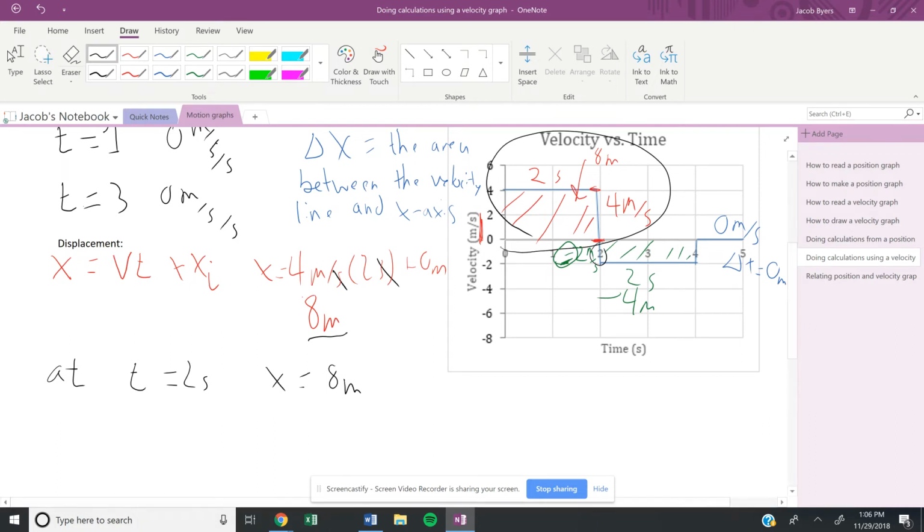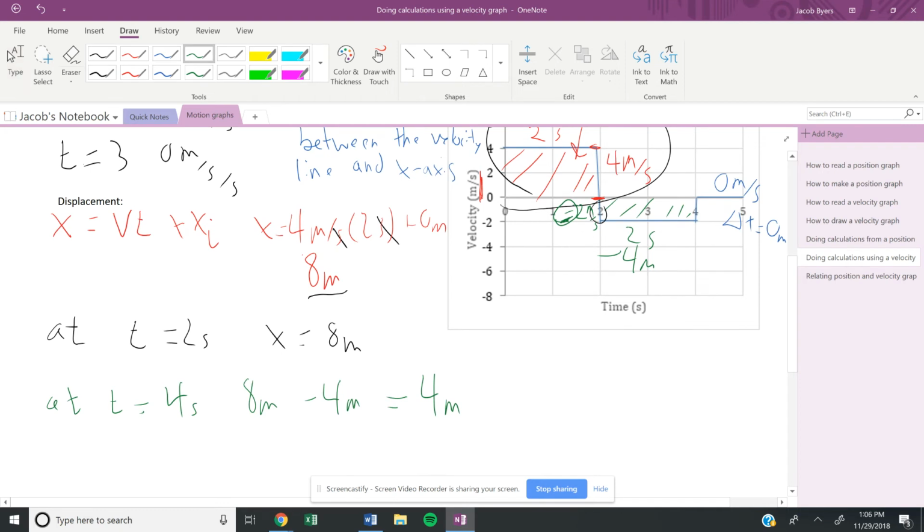So then from time 2 to time 4, we found out that we've moved back 4 meters. So at time equals 4 seconds, we're starting at 8 meters at 2 seconds. We're going to go backwards 4 meters. We're going to end up being at 4 meters.